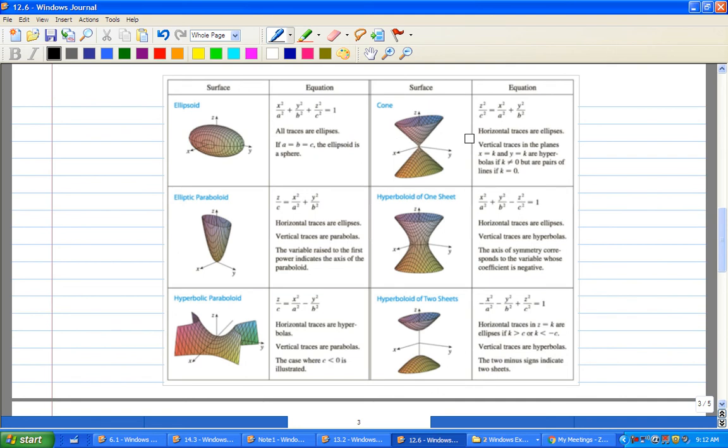If it was y squared that was solved for, it opened in the y direction. The horizontal traces are ellipses; the vertical traces in the planes x equals k and y equals k are hyperbolas if k is not 0, and pairs of lines if k is 0.